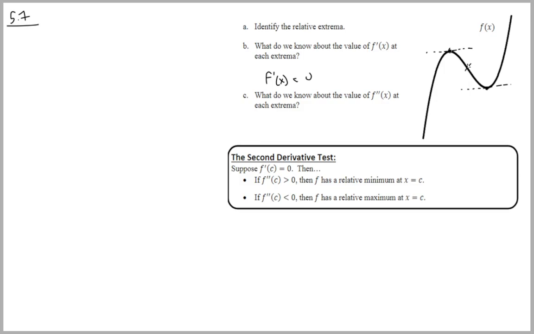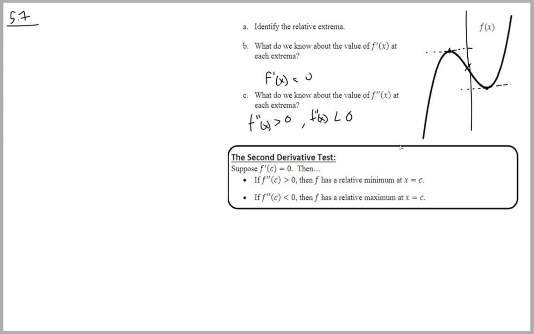Before this point, f of x is concave up, so that means f double prime of x is greater than 0, and at the other, f double prime of x is less than 0.